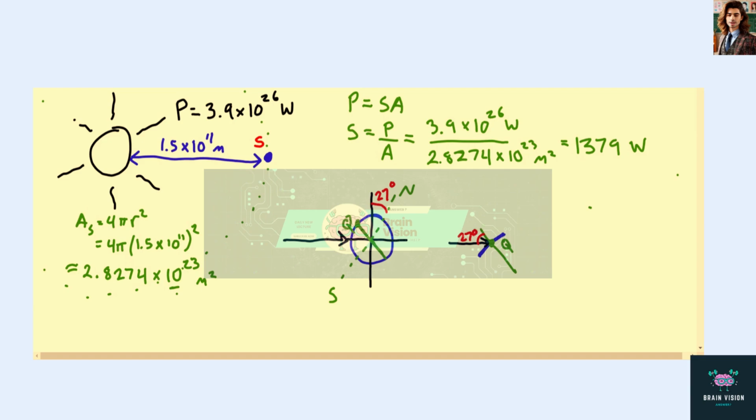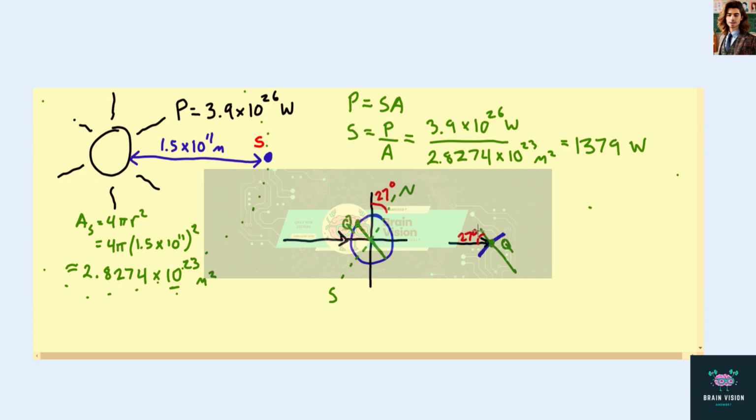You've got the equator and the north-south axis of the Earth that's perpendicular to each other, and that's 27 degrees clockwise from this perpendicular axis to the sun. Therefore, the equator has to be 27 degrees clockwise from the sun's incident radiation.